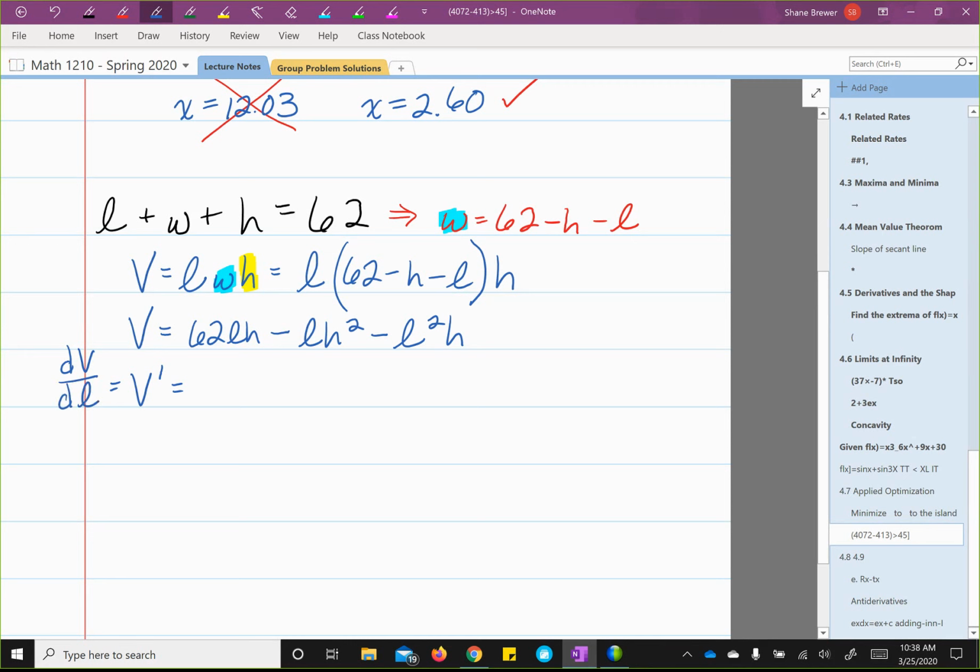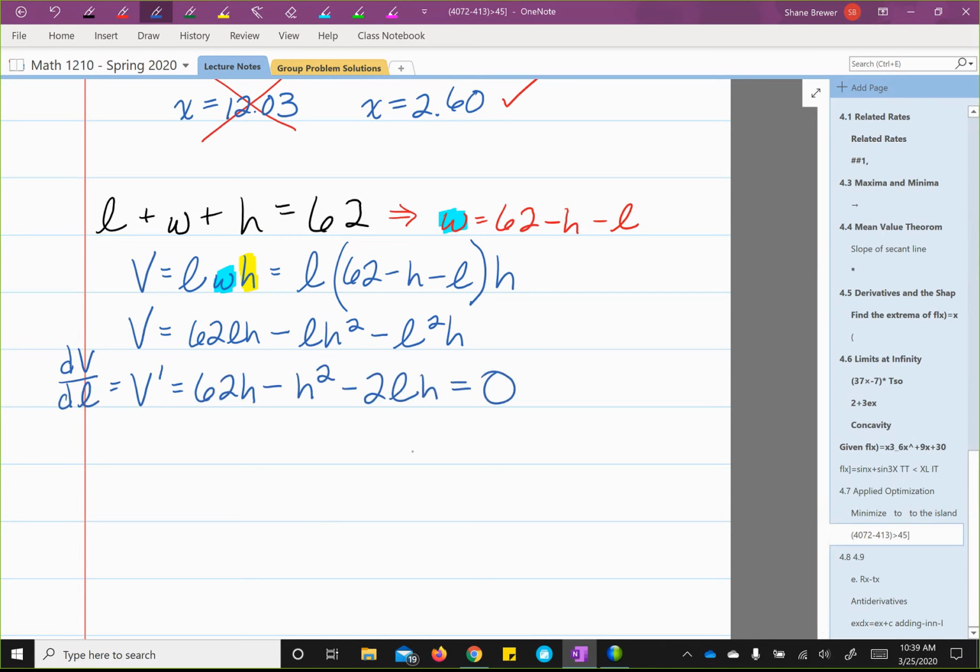So when you differentiate with respect to L, you're going to get 62H minus H squared minus 2LH, because H gets treated as a constant through that. It's treated just like any other number would be treated. If I want to figure out when this is maximized, I need to figure out when that equals 0. And remember, we're solving for L.